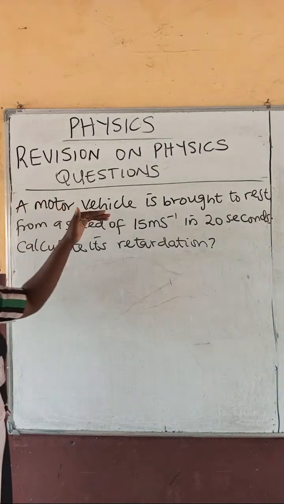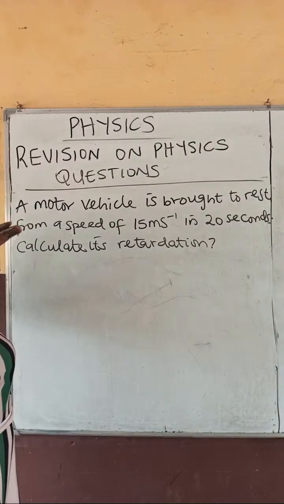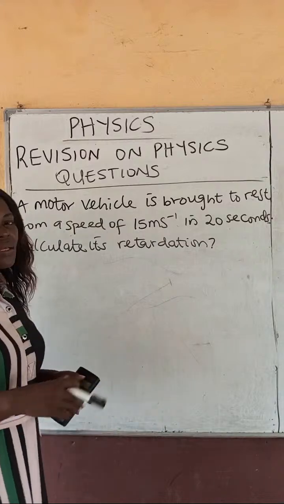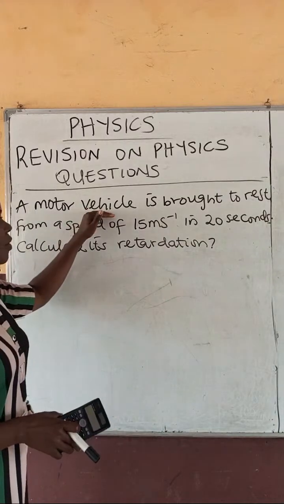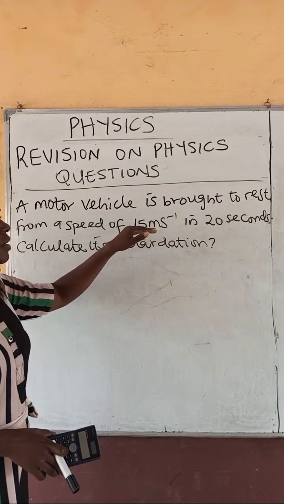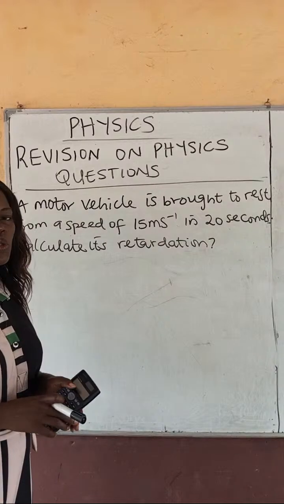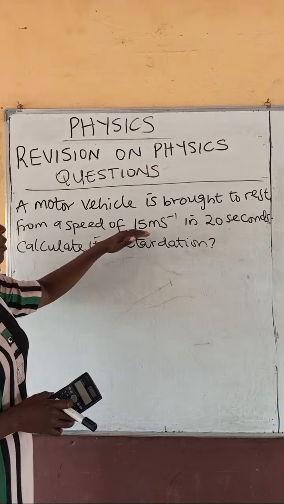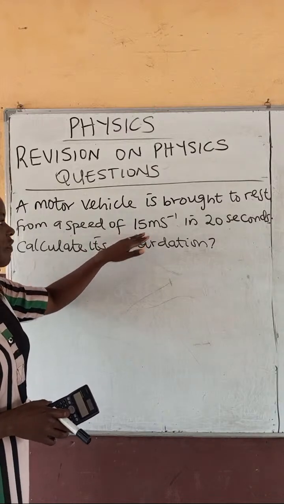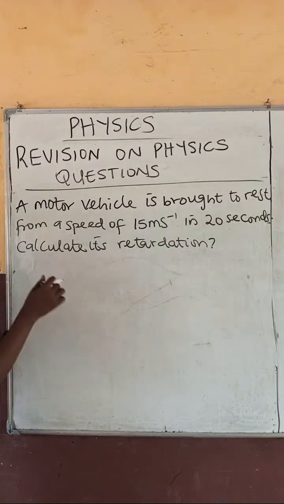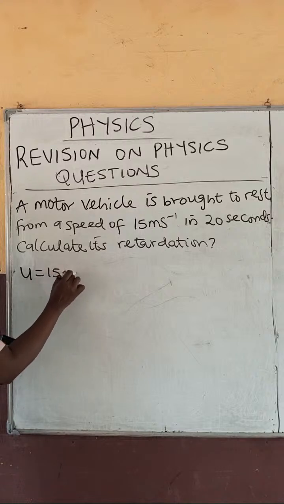That means this vehicle was already in motion with a velocity of 15 meters per second before it was brought to rest. That means my initial velocity is 15 meters per second.